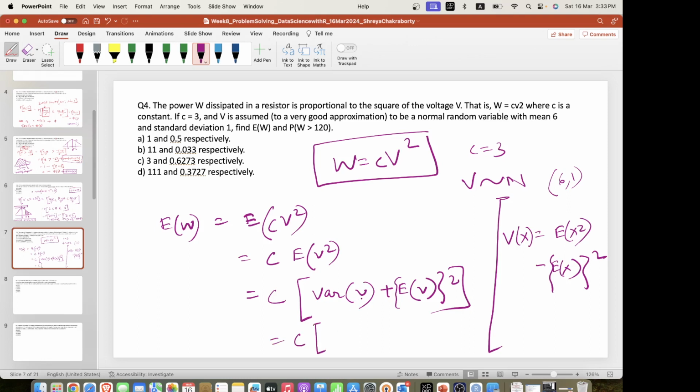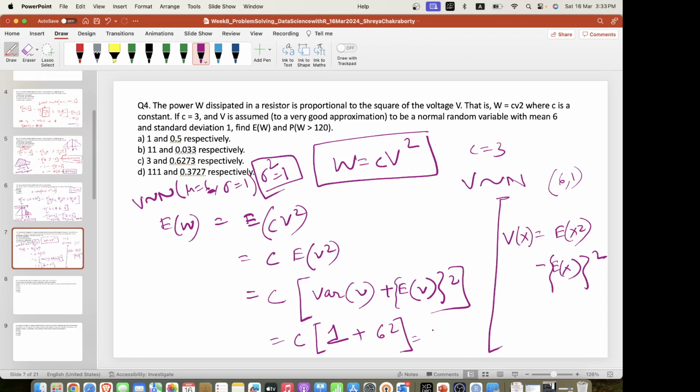Now variance of V is what? V follows normal with mu equal to 6 and sigma equal to 1, so the variance sigma square is also 1. So this is 1 plus expectation of V, which is 6, so 6 square.